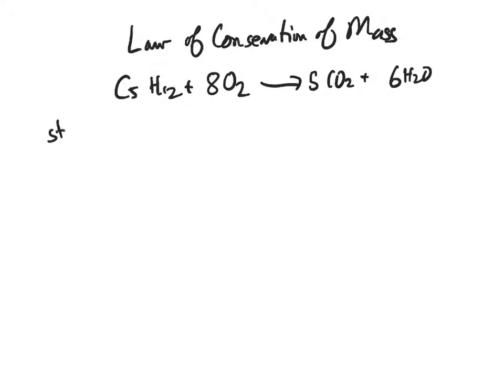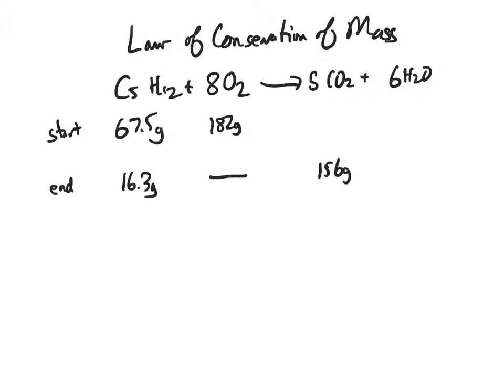So at the start, we had 67.5 grams of pentane and 182 grams of oxygen. At the end, all our limiting reagent was consumed. There was no O2 left. We had 16.3 grams of pentane that was unreacted, so we still had that at the end. And we had produced 156 grams of carbon dioxide and 76.8 grams of water.